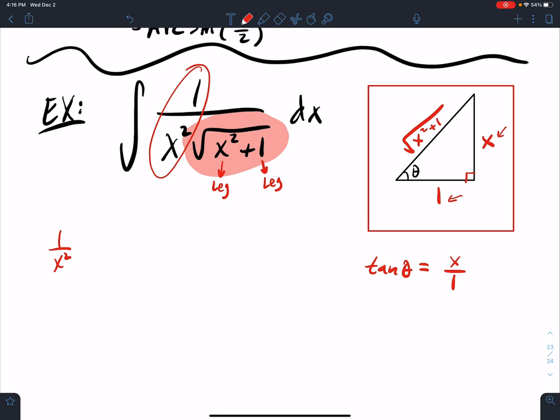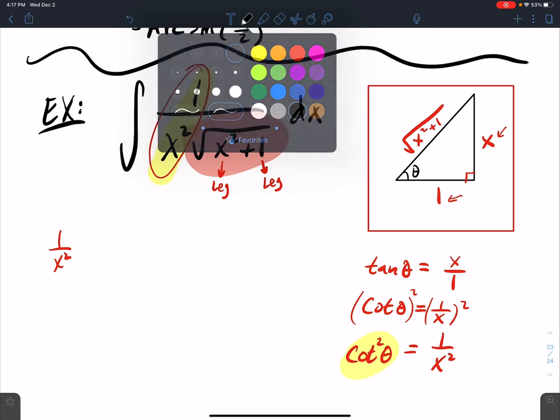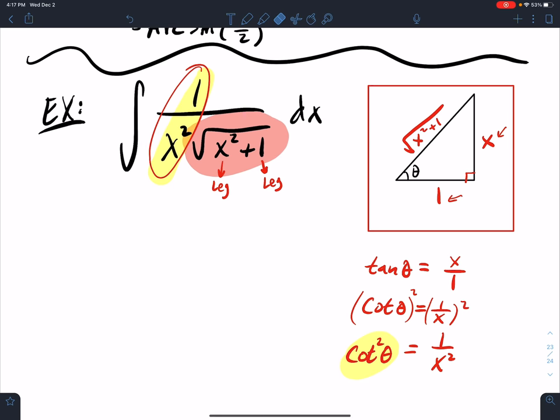So 1 over x would be cotangent theta. And if I want 1 over x squared, I just square everything, so I get 1 over x squared equals cotangent squared theta. So I'm going to replace this first piece with cotangent squared theta. So this becomes cotangent squared theta.